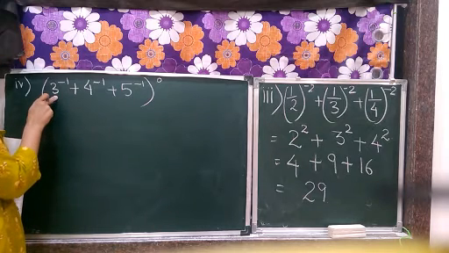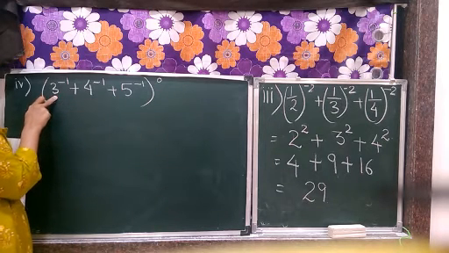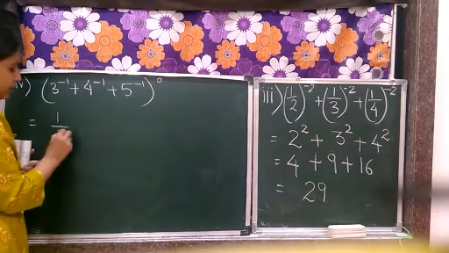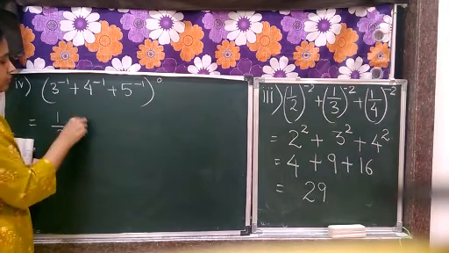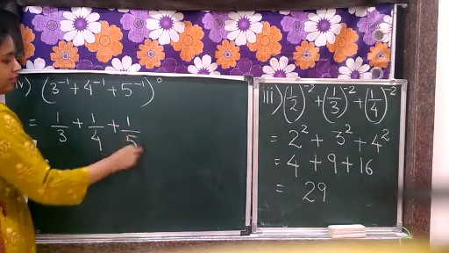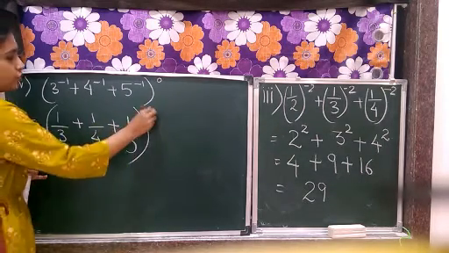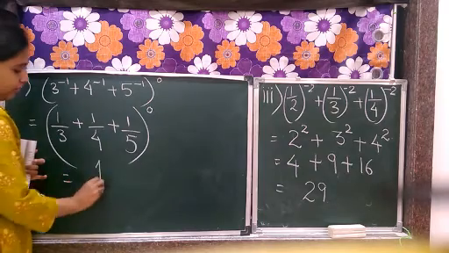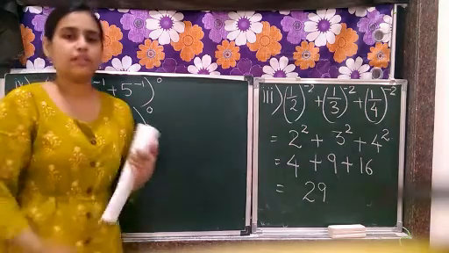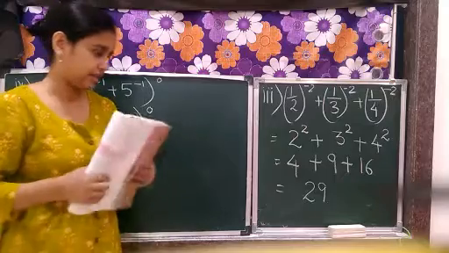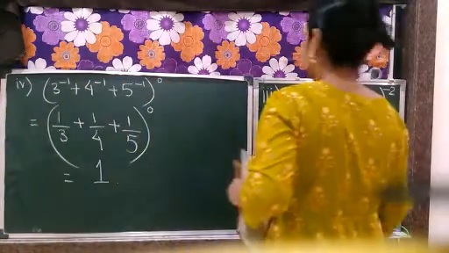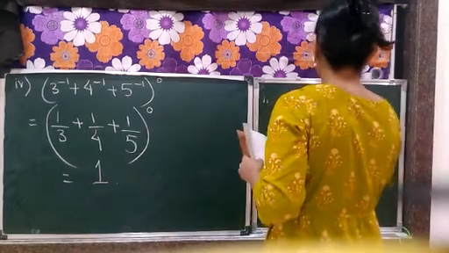Reciprocal means this is 3 alone. We can write it as 3 by 1. So reciprocal of 3 by 1 becomes 1 by 3. Then 1 by 4, 1 by 5, all raised to 0. Anything raised to 0, answer is equal to 1. We have discussed this. Please go through that video once again. And any doubt, you can again ask me. This completes the third one.